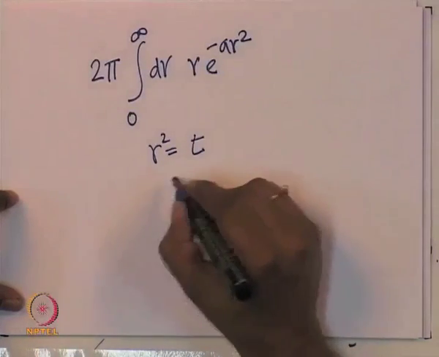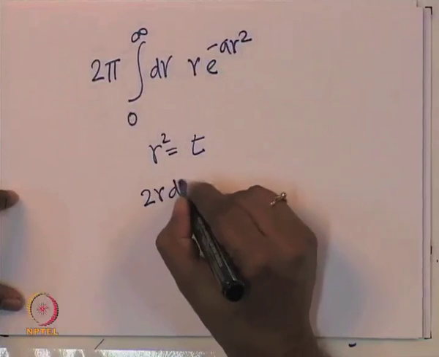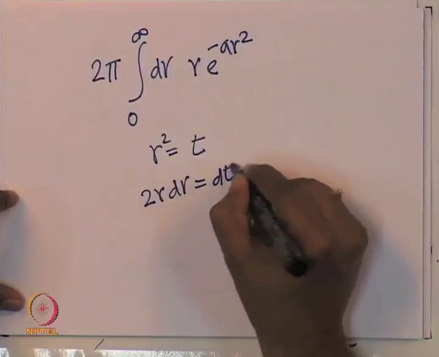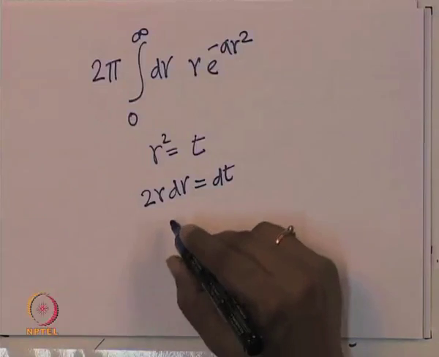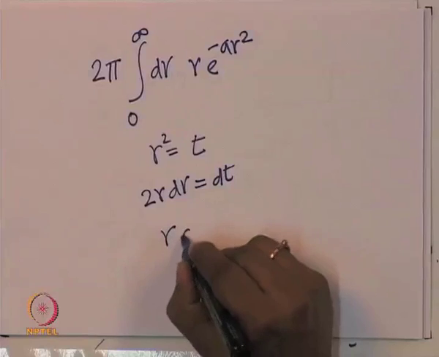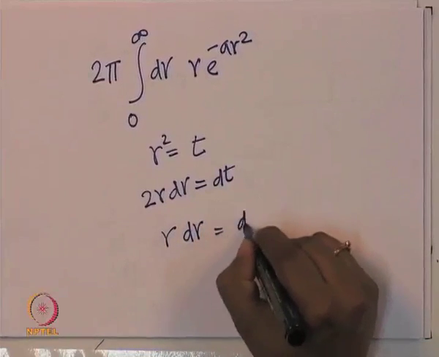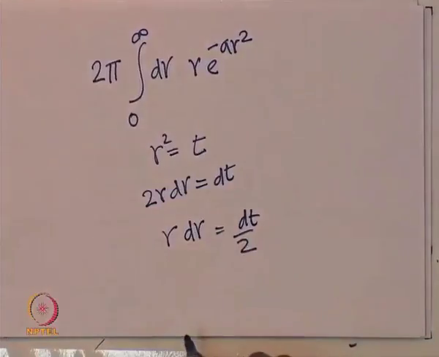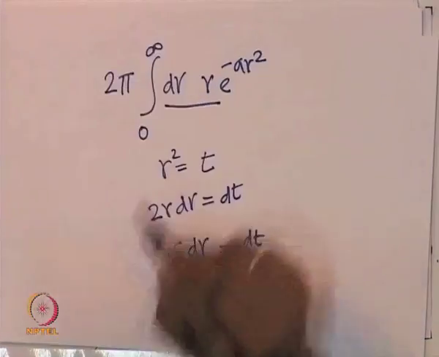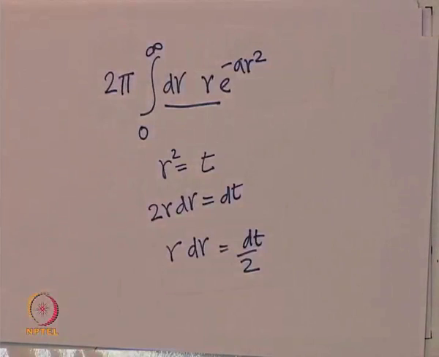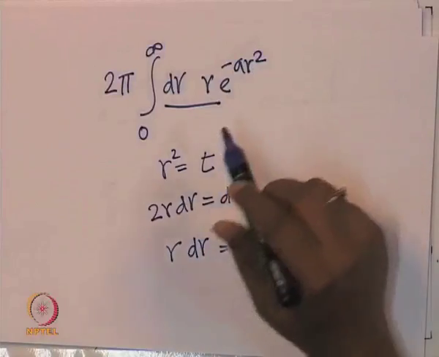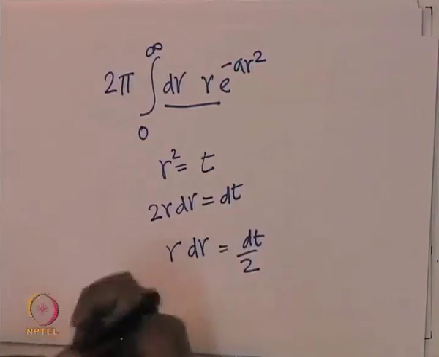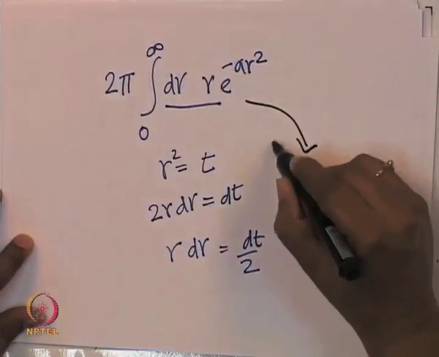Then I take the derivative on both sides, 2 r dr is dt, which implies that r dr is dt by 2. So, instead of r dr here, I can substitute dt by 2, and instead of r square here, I can substitute t.